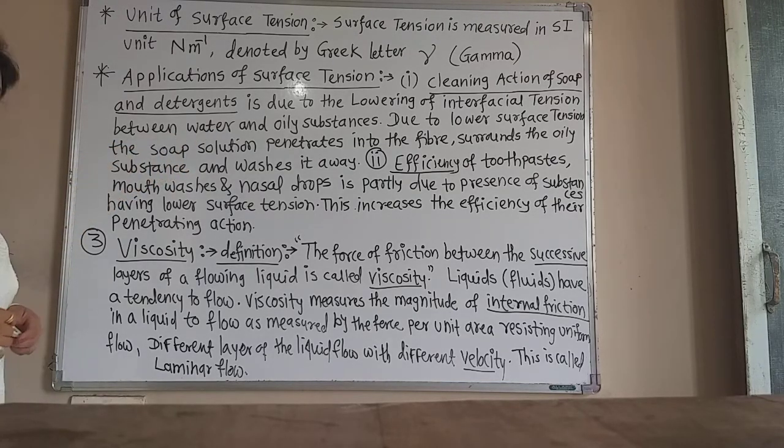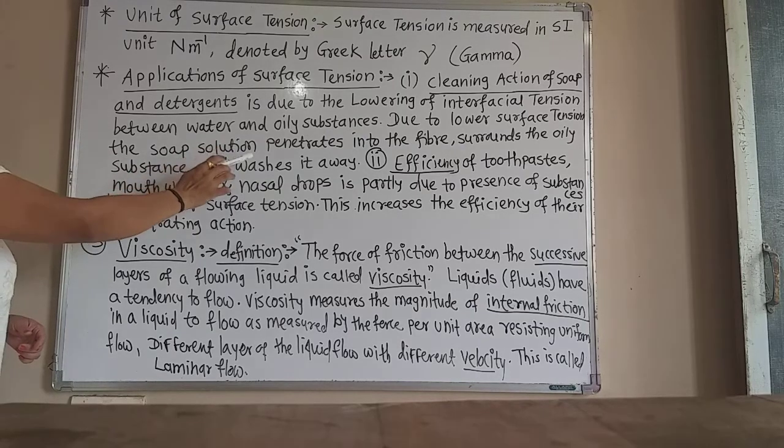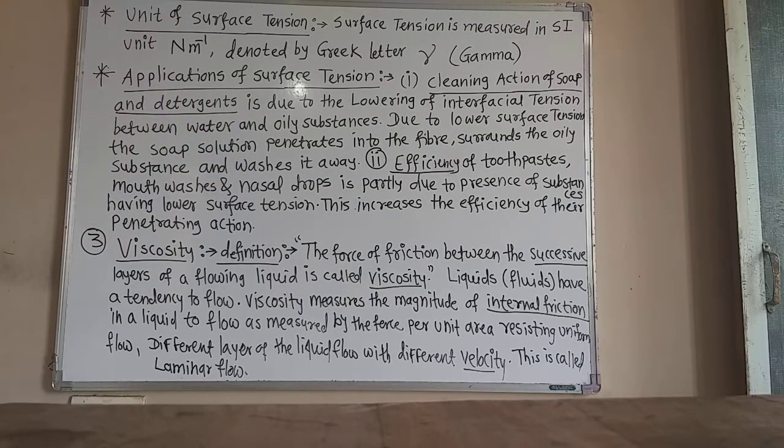As the soap and detergents lower the interfacial tension between the water and oily substance, due to the lower surface tension, the soap solution penetrates into the fibers and surrounds the oily substance or oily drop and washes it away.